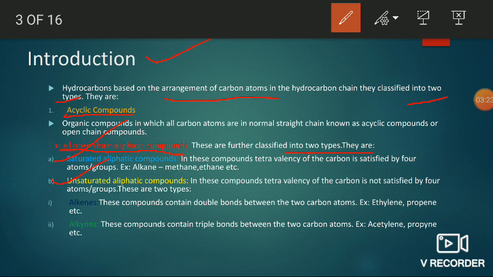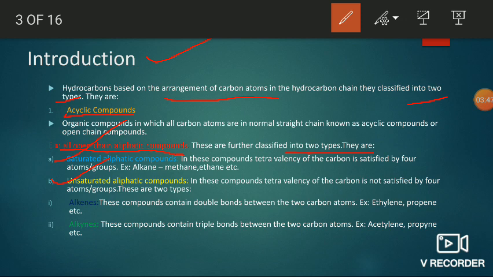Generally, carbon shows tetravalency. If the tetravalency of the carbon is satisfied by 4 atoms or 4 groups, then the compound is generally known as a saturated compound. That is, a saturated compound contains only single bonds.